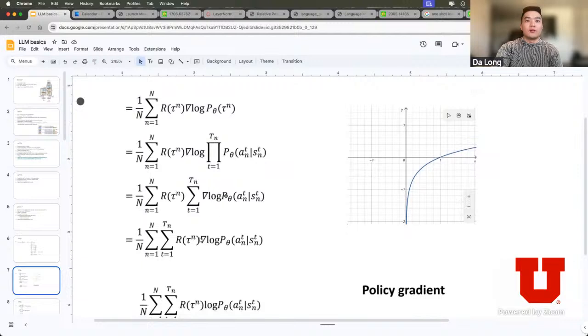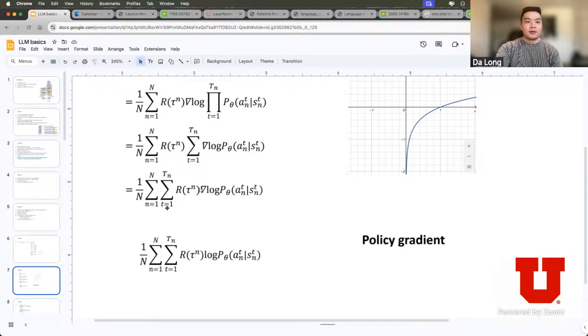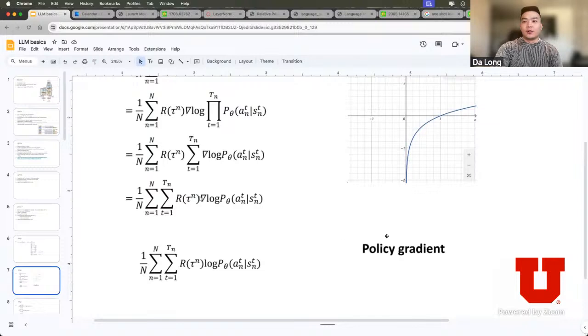The log of the multiplication is the summation of logs. So you put the summation here, and also here, and then you get the formula for the policy gradient. This is the objective you want to maximize the long-term rewards.